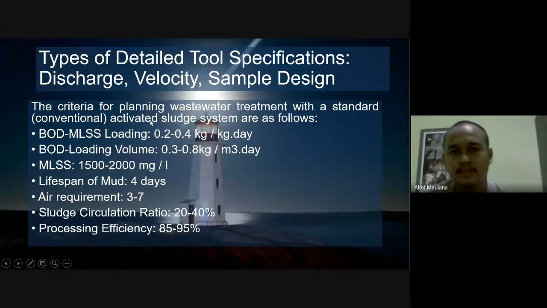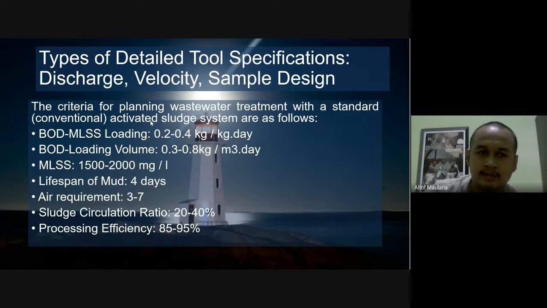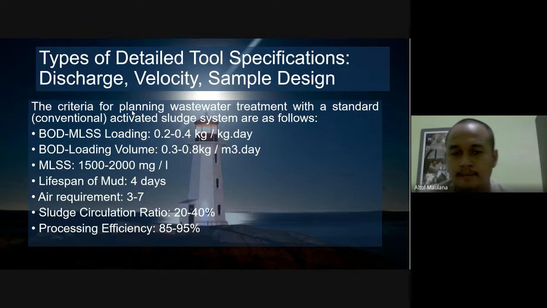The types of detailed tool specification, discharge velocity, and sample design. The criteria for planning wastewater treatment with a standard conventional activated sludge system are as follows. The first, BOD and MLSS loading are 0.2 until 0.4 kg per kilogram per day.